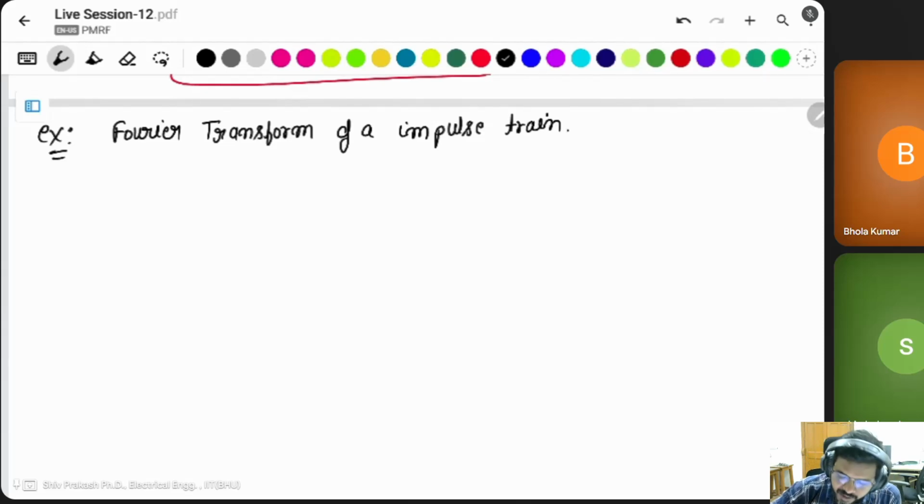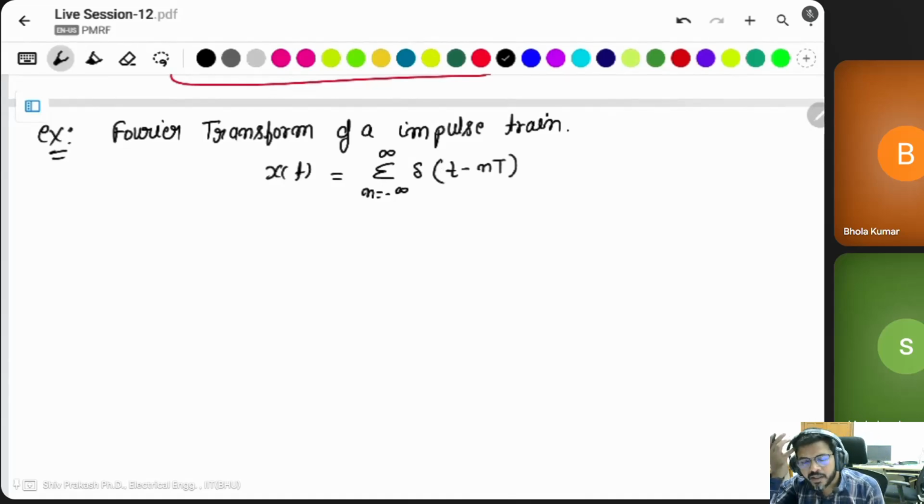And you know about the impulse train, it will be x(t) is equal to the summation of n equals minus infinity to plus infinity of delta of t minus nT, where capital T is the time period and n is an integer from minus infinity to plus infinity.